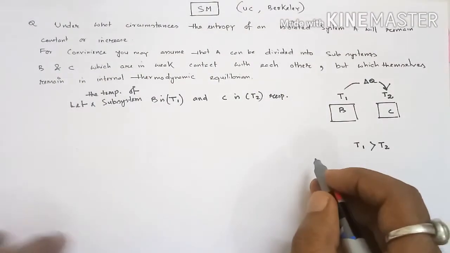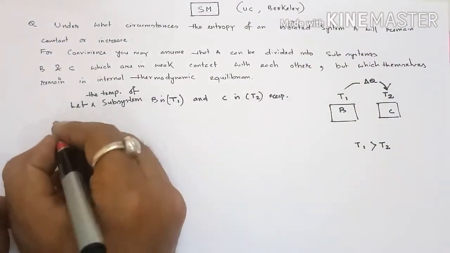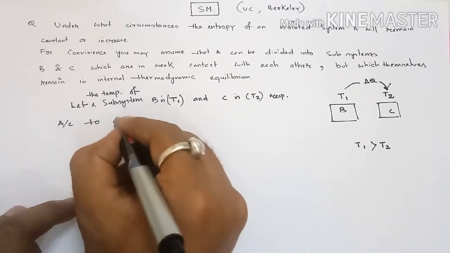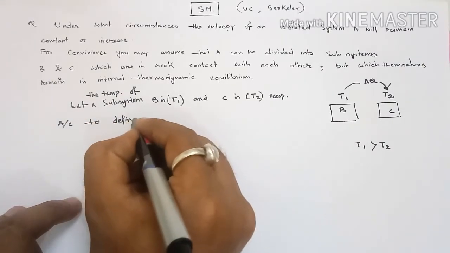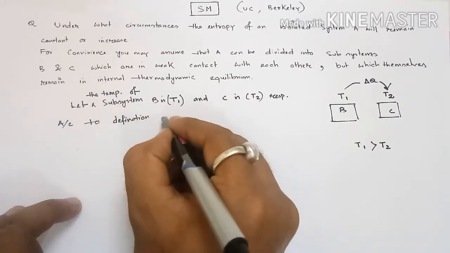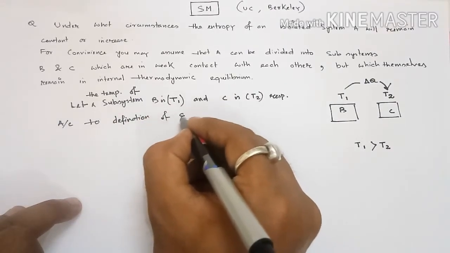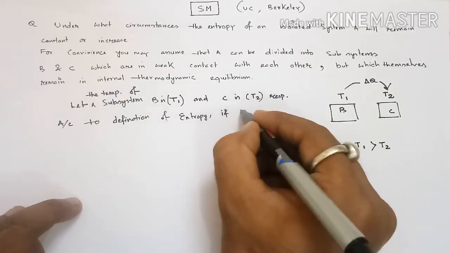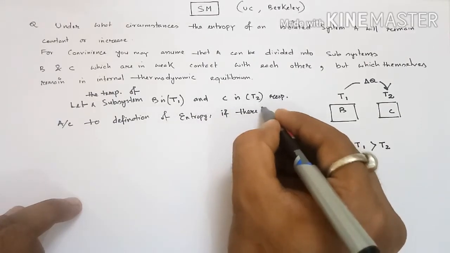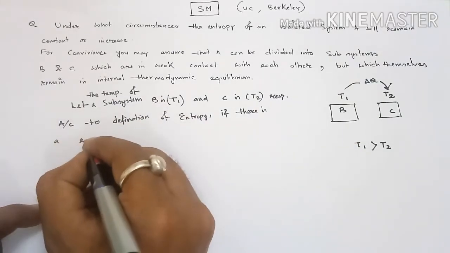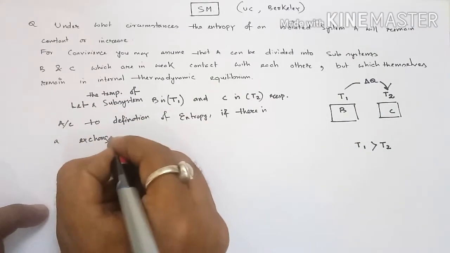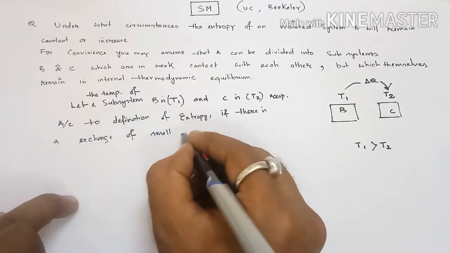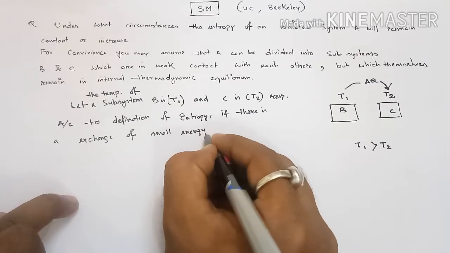Then, according to the definition of entropy, if there is an exchange of small energy, so what is our small energy?